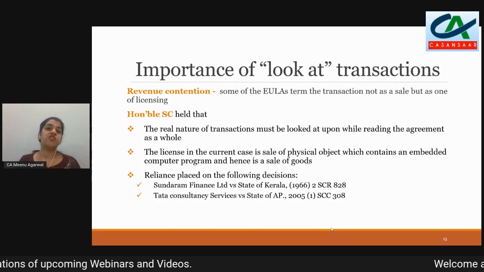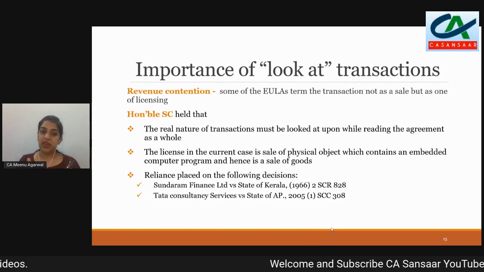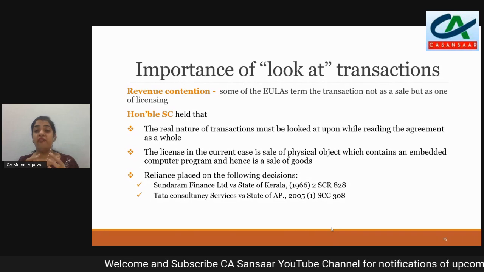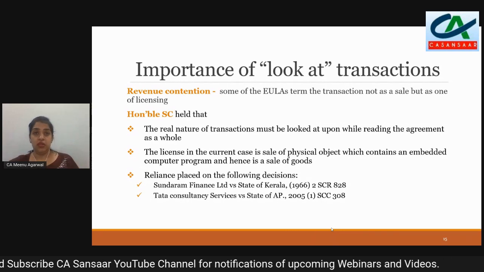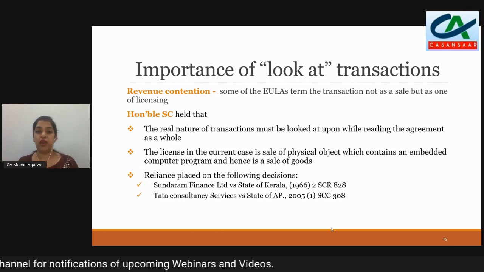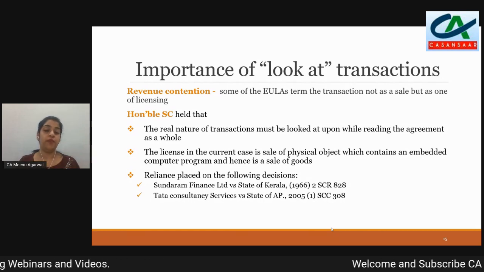The Supreme Court also analyzed or relied on its own judgment in the case of Tata Consultancy Services versus State of AP, wherein the purchase of software in a floppy disk covered in a plastic, which is called shrink wrapped or canned software, was treated as sale of goods.